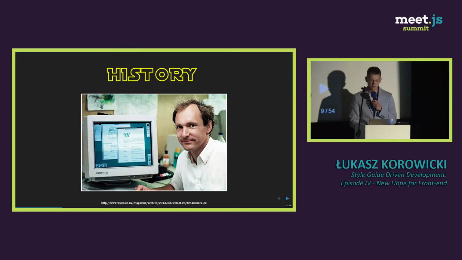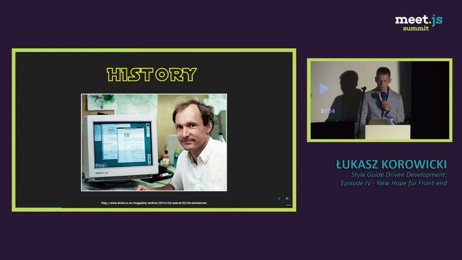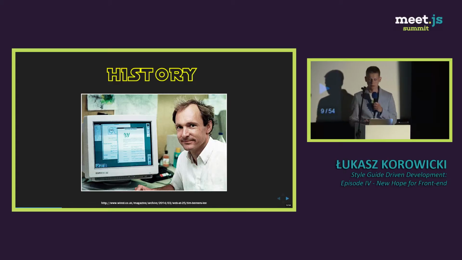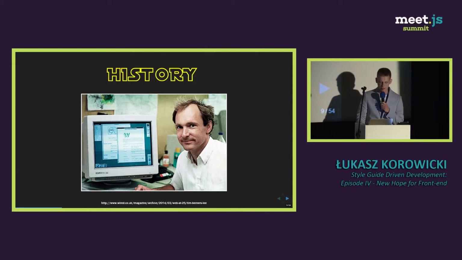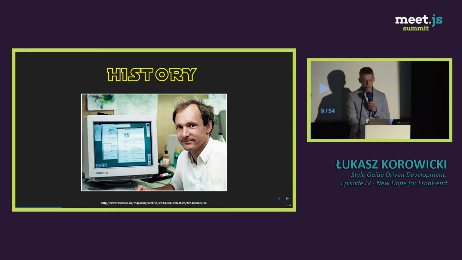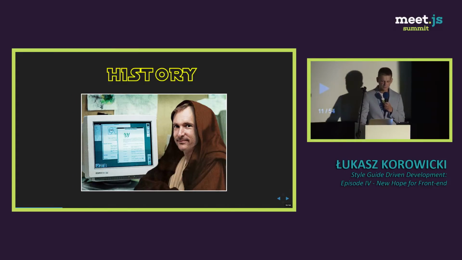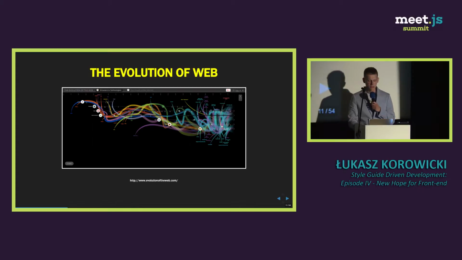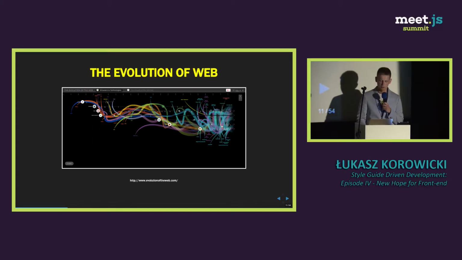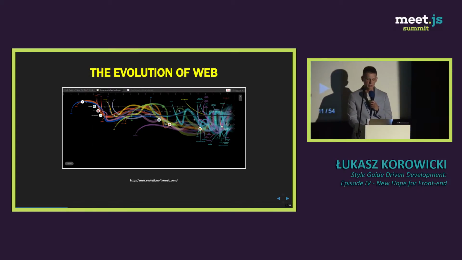this, our whole web development, we can say. And for me, he's personally the Jedi Master of web development. To see how the web was evolving, we can go to evolutionoftheweb.com and see a whole bunch of technologies that were developed from the early 90s.